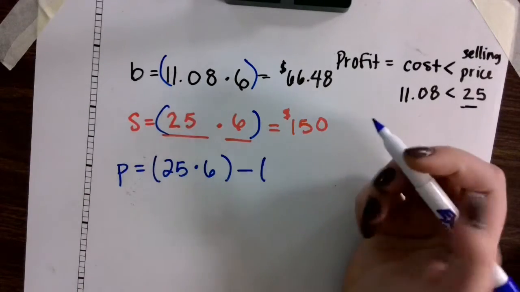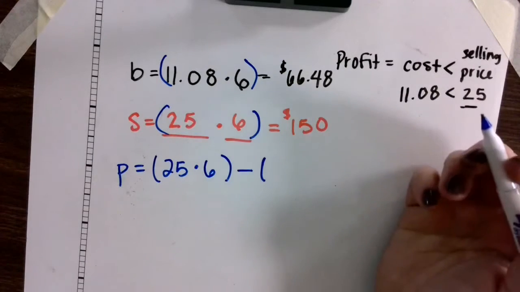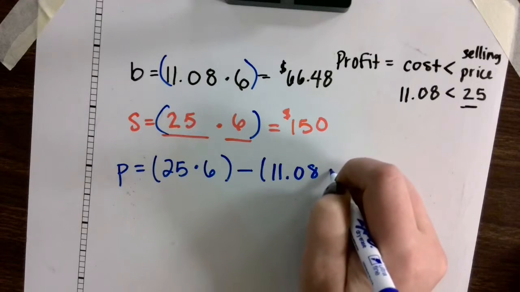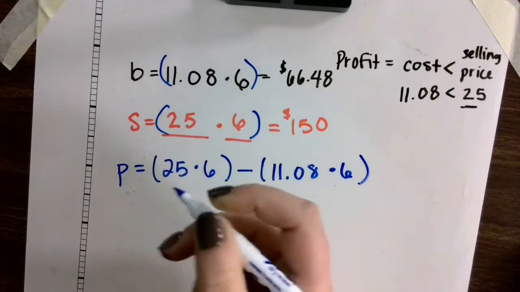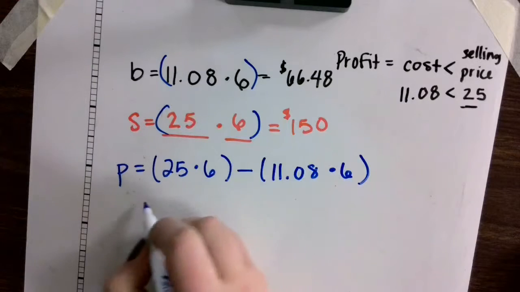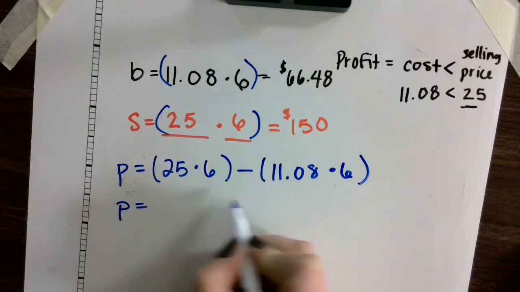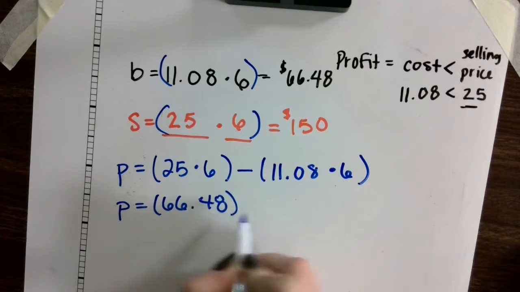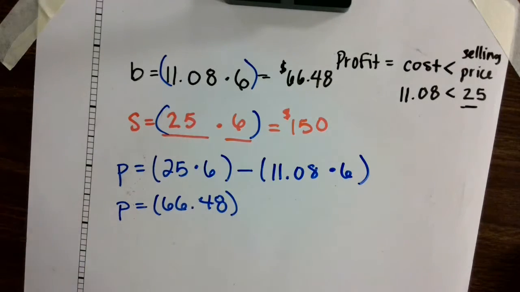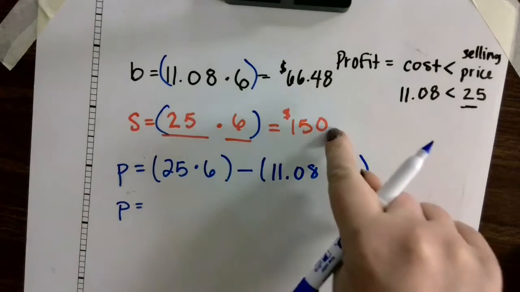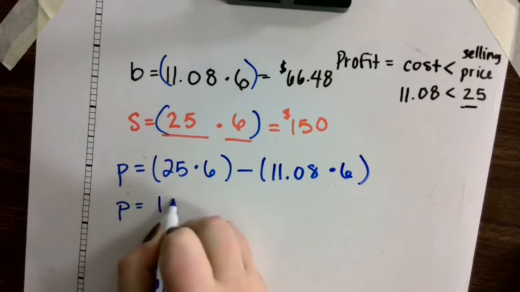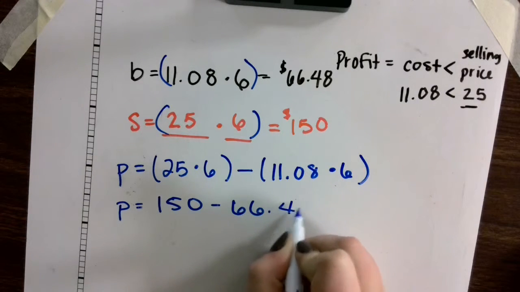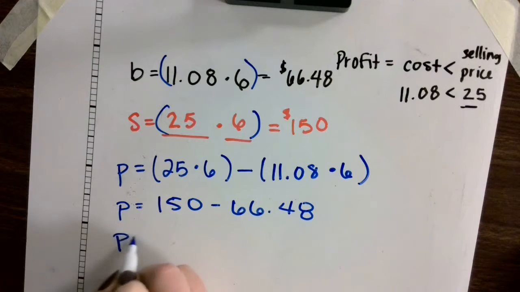I obviously won't have that money left if I need to make another 6 chairs to sell again. I can also go ahead and plug in these values. So I can write this like P equals, oops, sorry about that. I'm going to start with my larger number first. P equals 150 minus 66.48. All right guys, let's go ahead and calculate that.